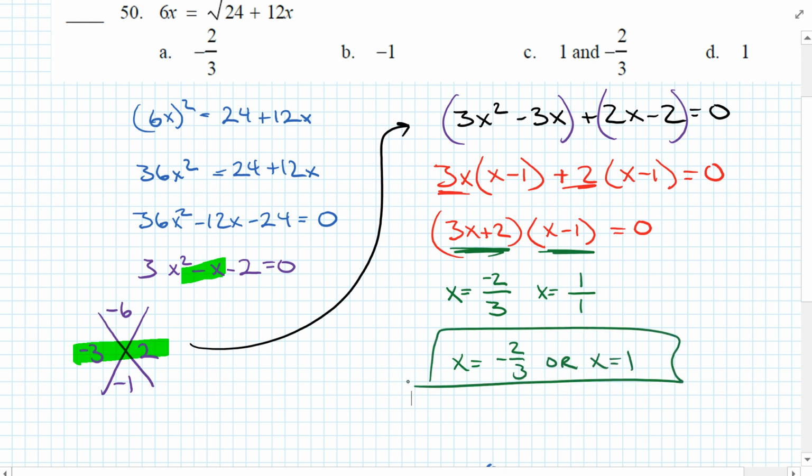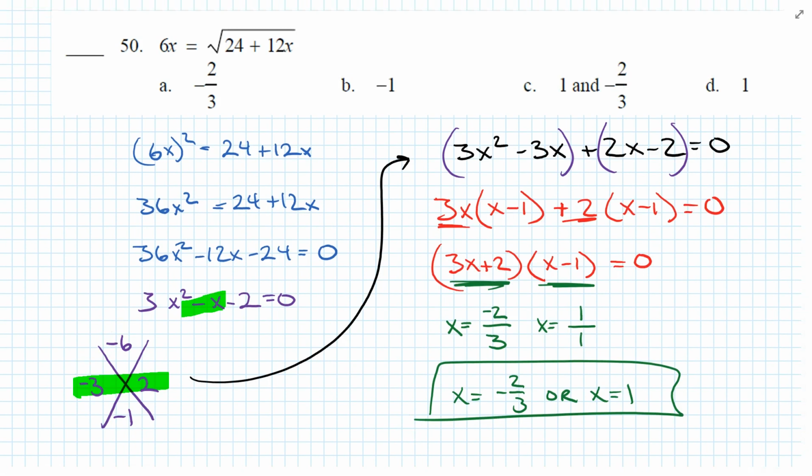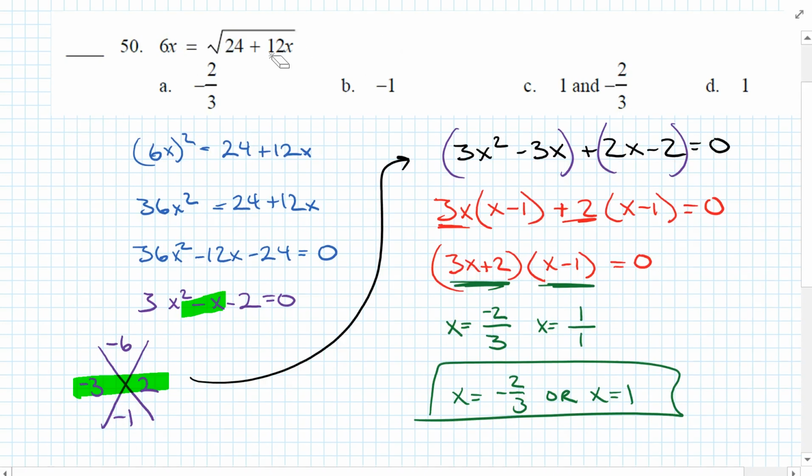Let's go back quickly and check to see if either of these make a radical sign negative. Remember, that cannot be negative, and this cannot be negative either. So make sure none of our numbers make that negative. Okay, so I look over here, negative 2/3 and 1 both don't make this negative, so we're okay.